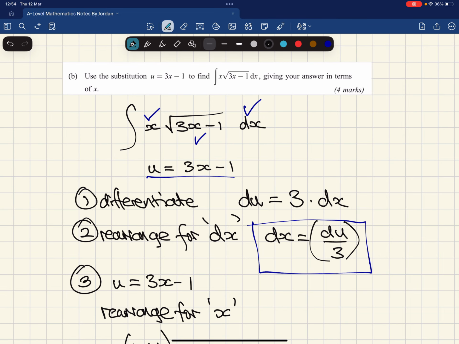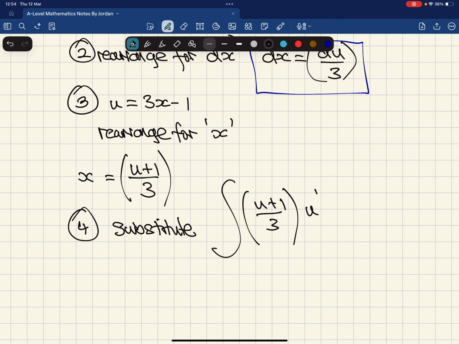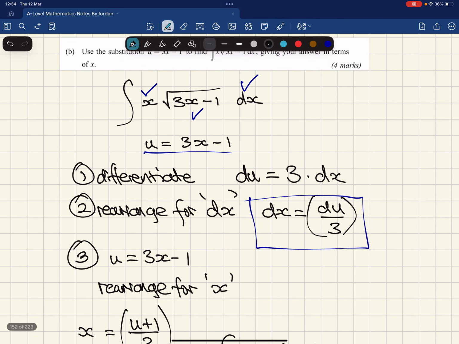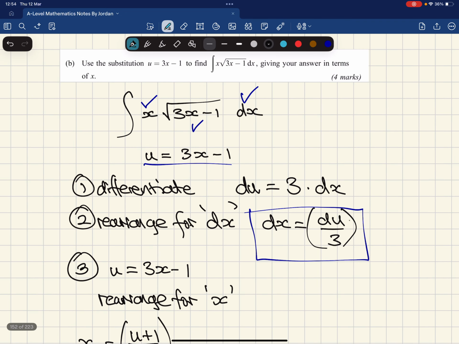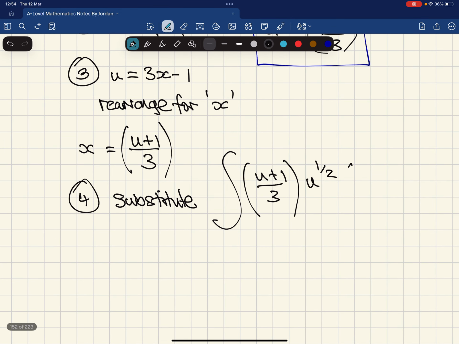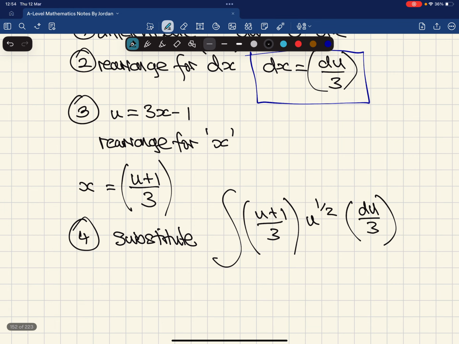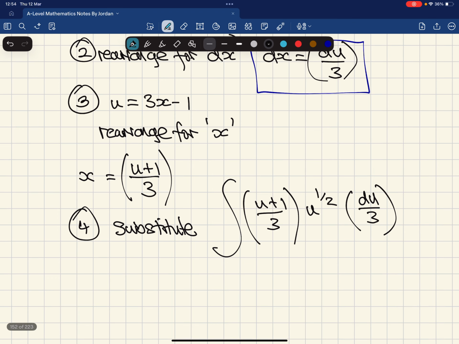If u is 3x minus 1, this would be u to the power of a half. And dx at the end, remember we have our substitution, which is du divided by 3. There we go. So everything's in terms of u. Now, let's see what we can do to simplify.